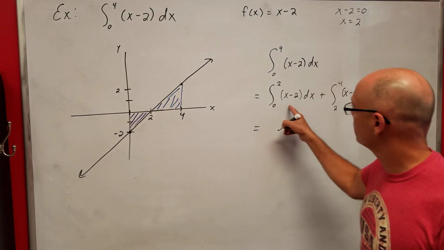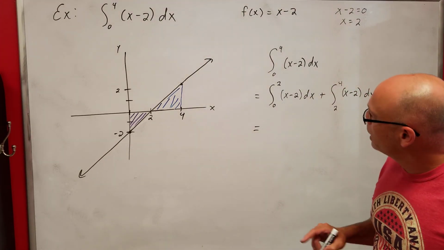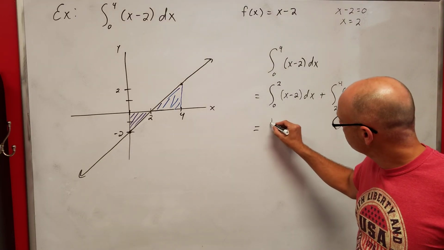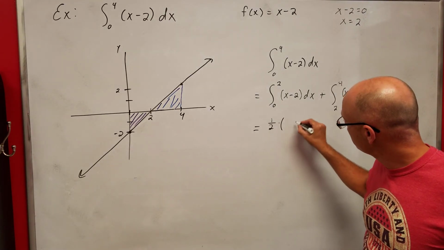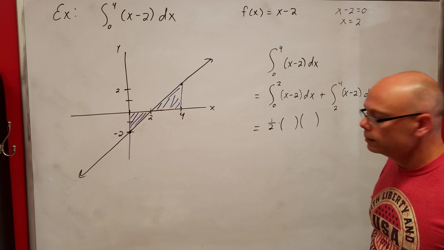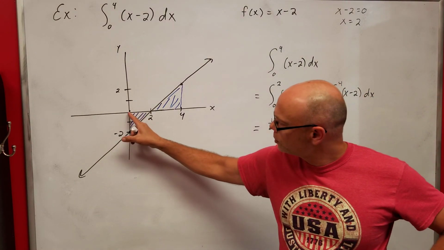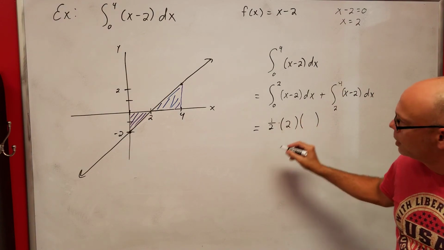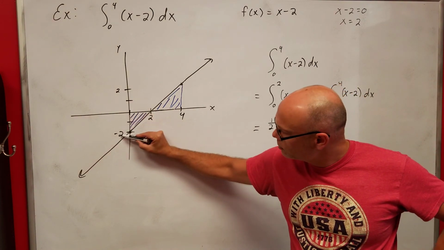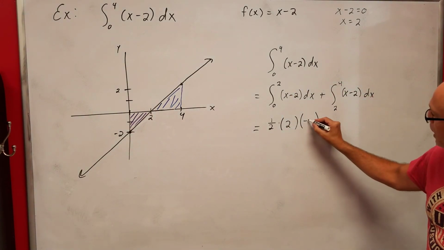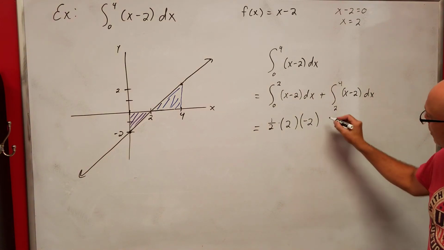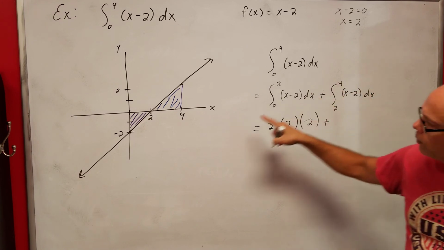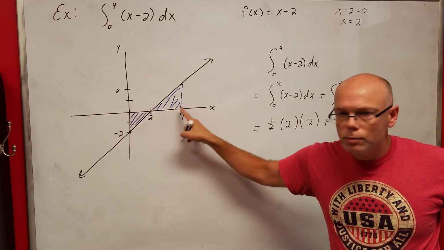Let's see whenever we calculate this, okay? How do I find the area of a triangle? 1/2 base times height, right? So the area of this first triangle is 1/2 times the base, which is 2, and the height of this triangle is at negative 2. Plus, how about the area under the curve from 2 to 4? That's a triangle as well, right?